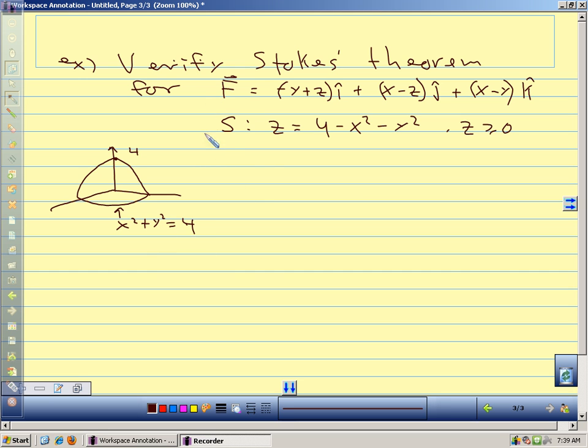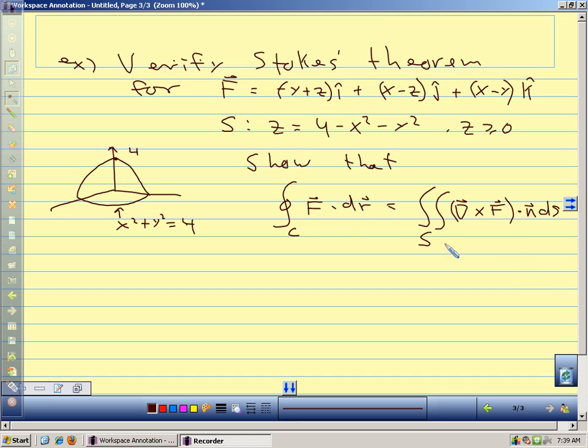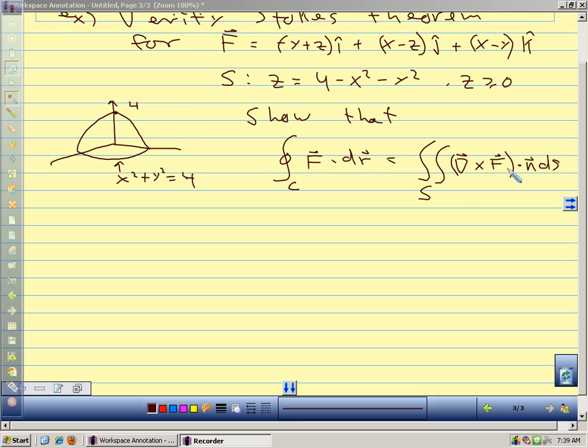To verify Stokes' theorem, we're trying to show that the line integral around our curve of F dot dr equals the double integral over our surface of del cross F dot n dS. So we're going to evaluate the line integral and the surface integral and show that the two are the same.